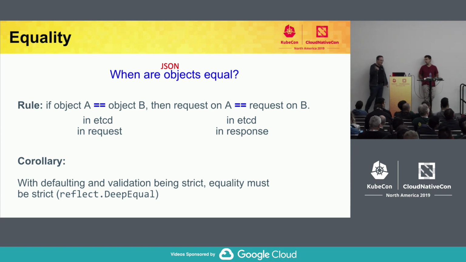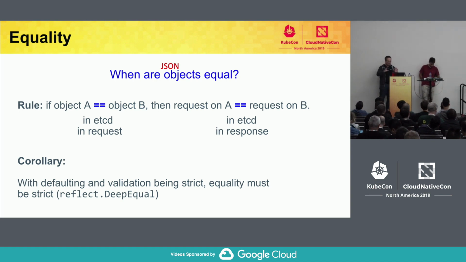The rule of thumb which we have in mind here is, when are objects equal on the client side? When you have an object in your hands, two manifests for example, and you consider them equal, then if you do a request with this object to the server, you would also expect that the server does the same thing. I'm really hand-waving here at the moment.